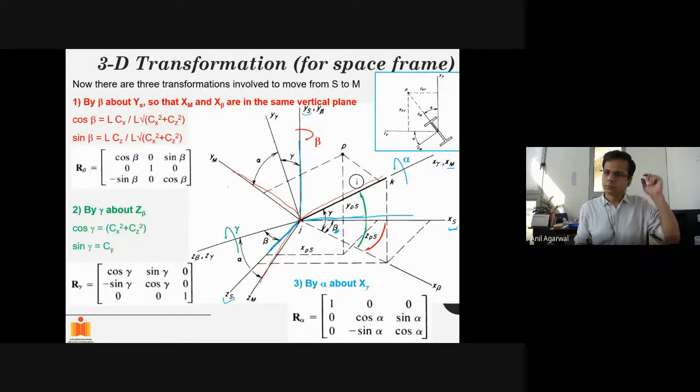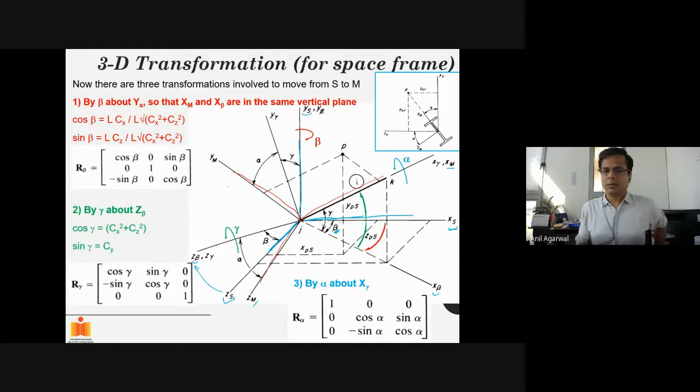I do that. My x beta is now under xm. When I say under, it means vertically under. And my zs goes to z beta, which is not automatically aligned with zm this time because my zm is not on the horizontal plane.